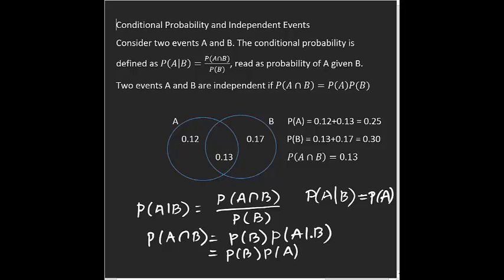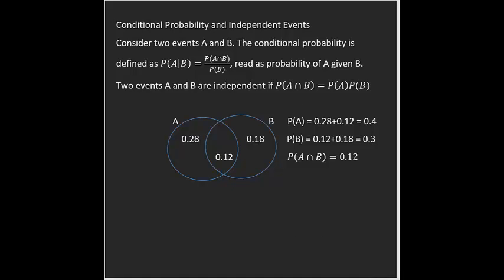In the example we have right now, probability A is 0.25, probability B is 0.30, and the intersection is 0.13, so it doesn't match. This condition is not fulfilled, so these events are not independent. I'll take another example where you can see independent events.